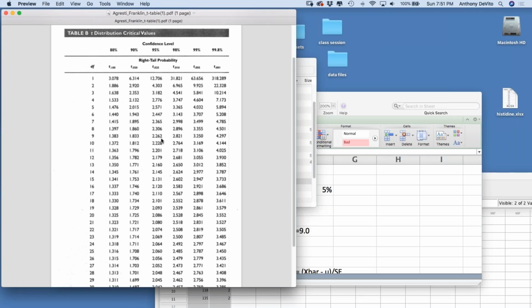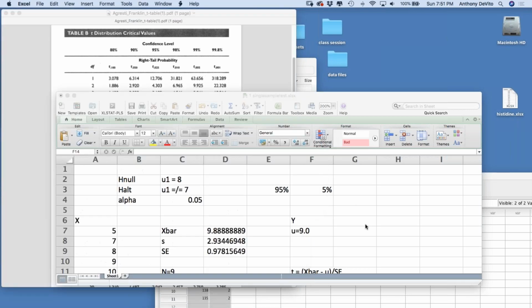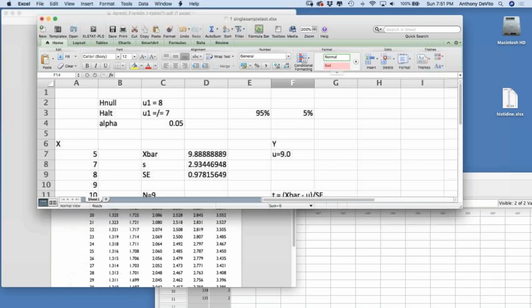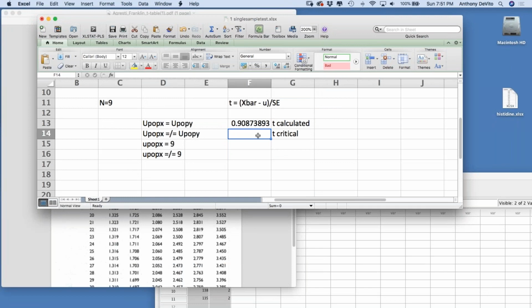It's going to have to be 2.62. Okay, so our critical value of T is 2.62.